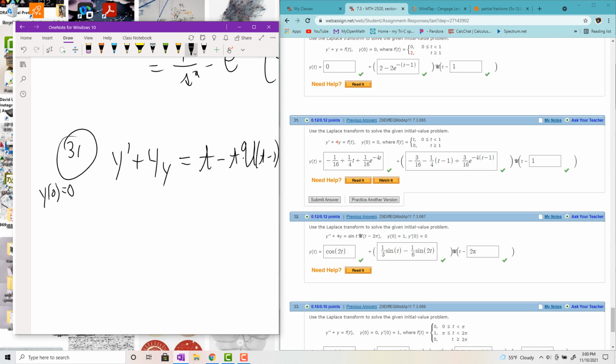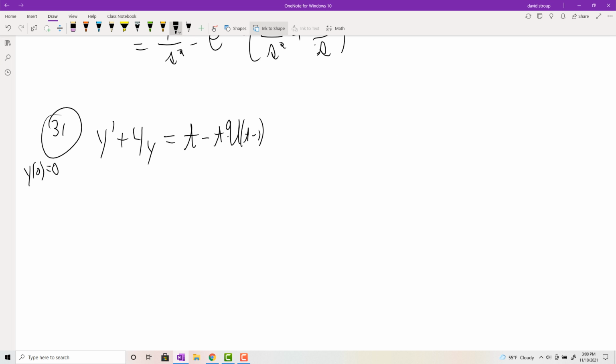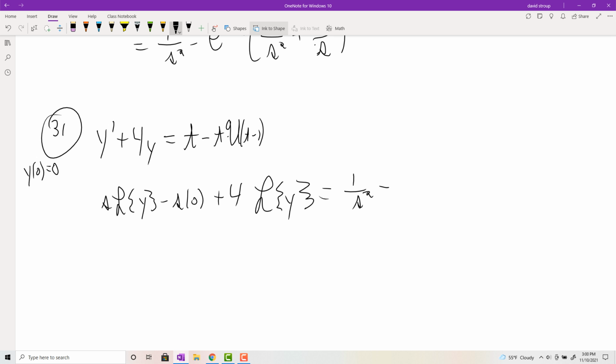Okay, so Laplace transform of that thing, we have s Laplace of y minus s times 0 plus 4 Laplace of y equals Laplace of t is 1 over s squared minus, get the e to the negative s part out, and then you're doing Laplace of t.